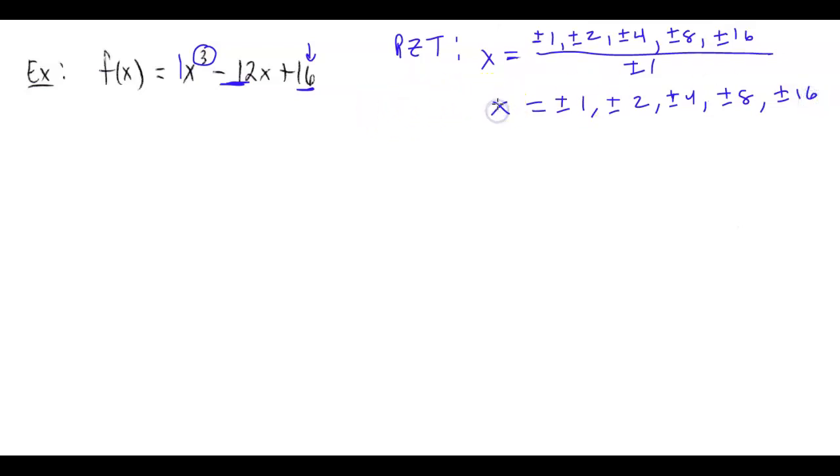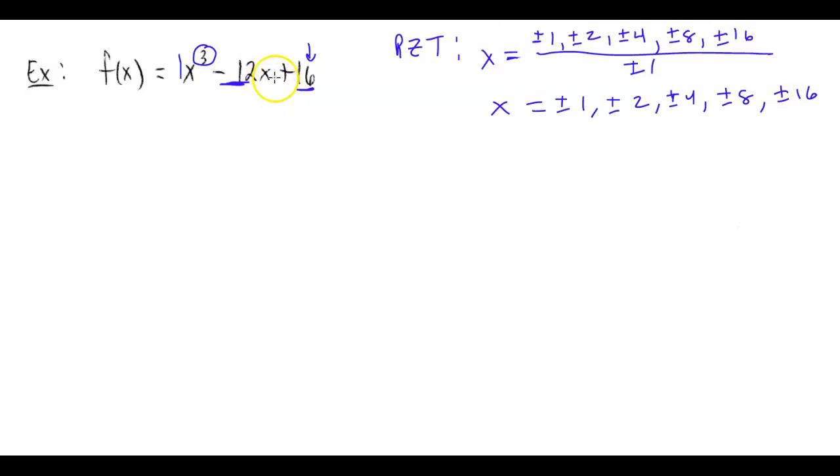Okay. All right. So now that we have that, what we would do in an antiquated world is take each and every one of these numbers, and of course you got 2, 4, 6, 8, 10 numbers, and you would use synthetic division to figure out which of those 10 numbers would actually be zeros.